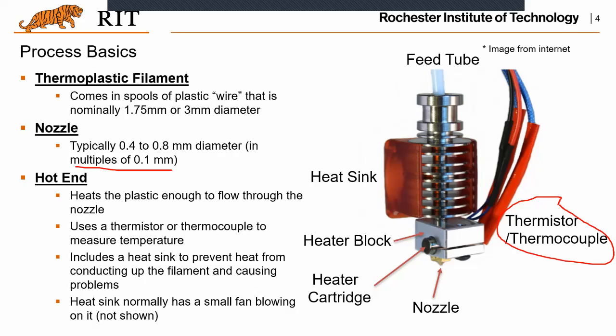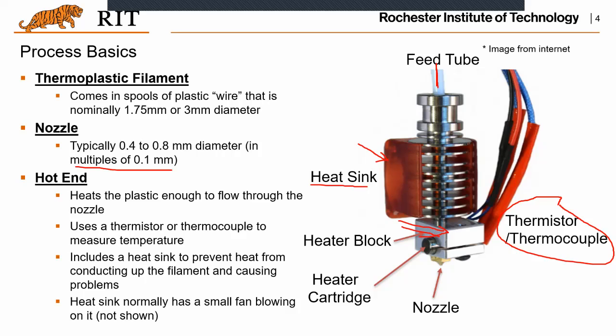But how to control the temperature? You have to monitor the temperature. So the thermistor and thermocouple are for this purpose. And also there's a heat sink. See over here, this is the heat sink. This heat sink will prevent the heat from conducting up the filament and causing problems. Here is the feed tube, and there is a filament here.